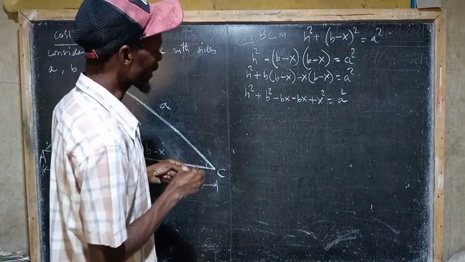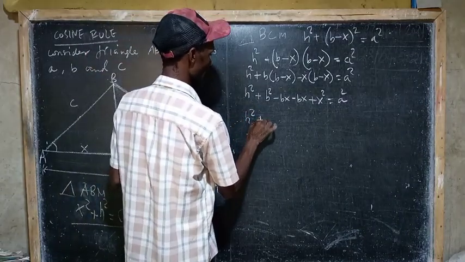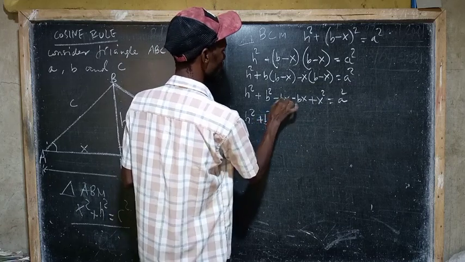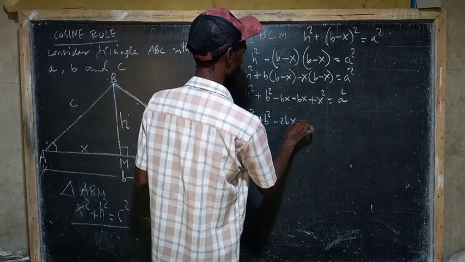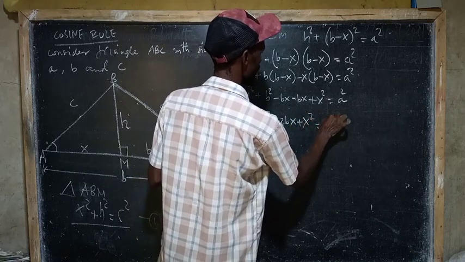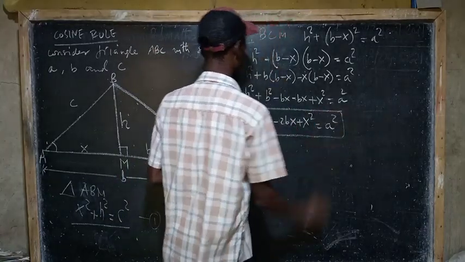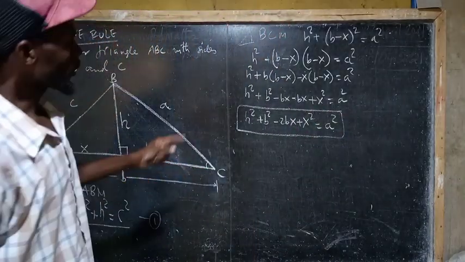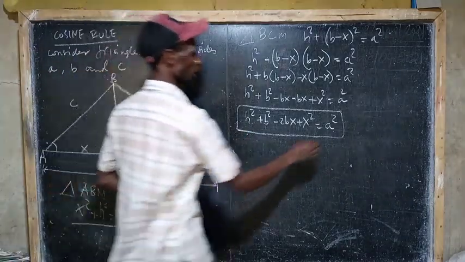So we have H squared plus B squared minus 2BX plus X squared is equal to A squared. This is the second equation that I have. This was the first equation.